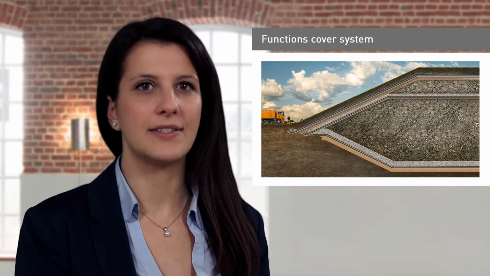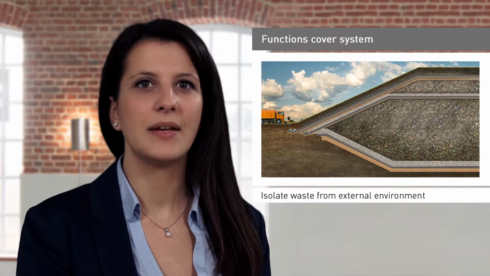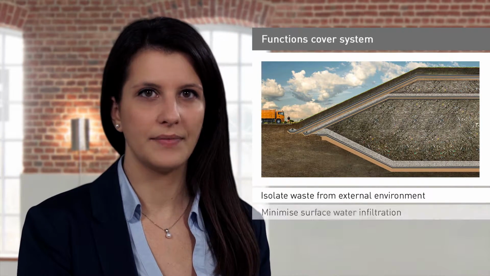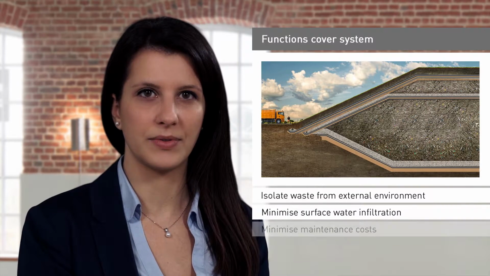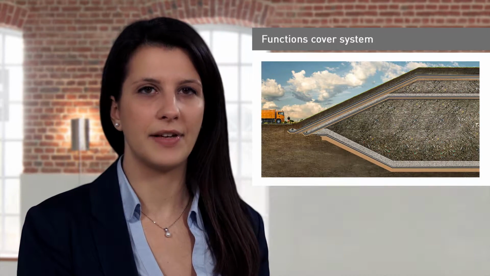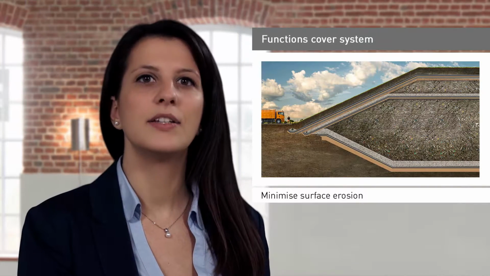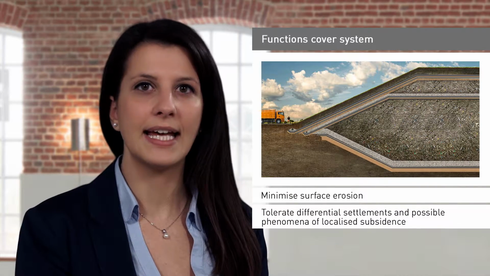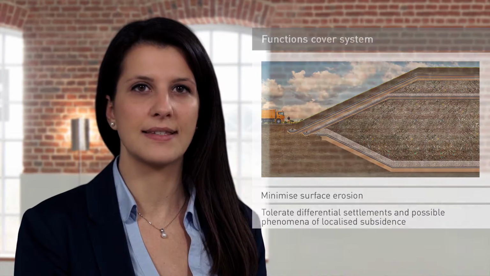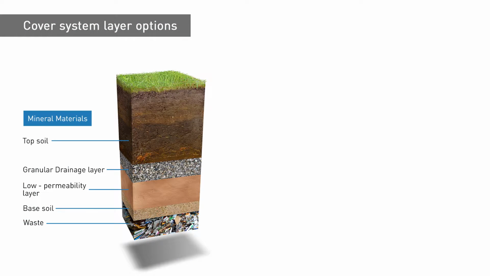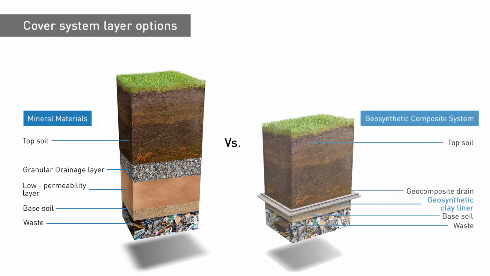The final cover of a landfill must perform the following functions: isolate the waste from the external environment, minimize surface water infiltration, minimize maintenance costs, minimize the surface erosion, tolerate only differential settlements and the possible phenomena of localized subsidence. The layers can be alternately constituted of mineral materials, namely different types of soil, or of soil geosynthetic composite systems, once their functional equivalence with mineral layers is demonstrated.